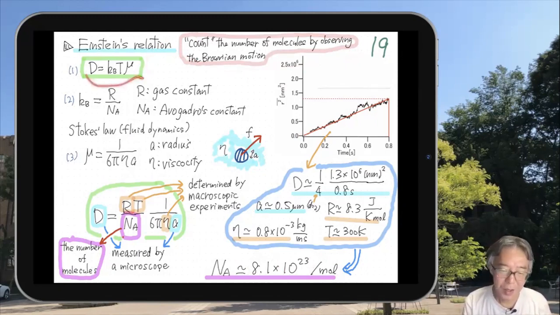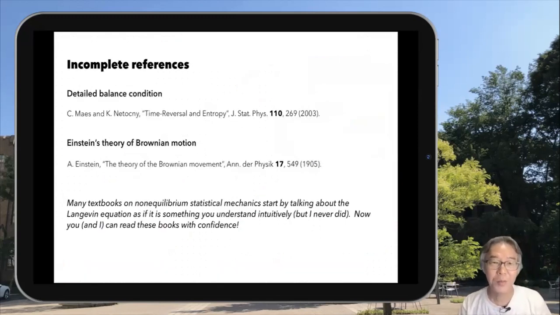As I said, in this simple equation, he already had the basic philosophy of the linear response relation or fluctuation response relation. Okay, so we have come back to 1905, and my references are very incomplete here.